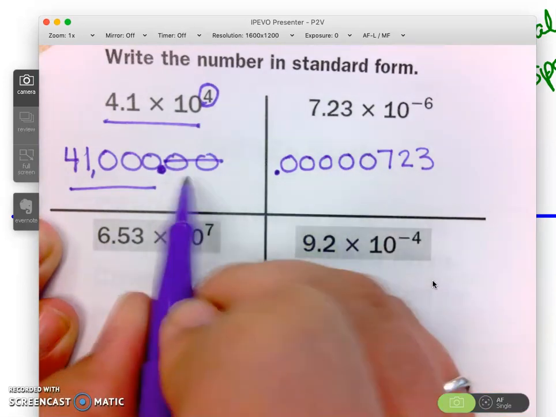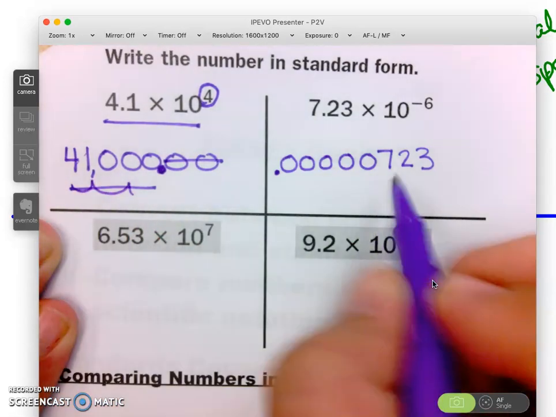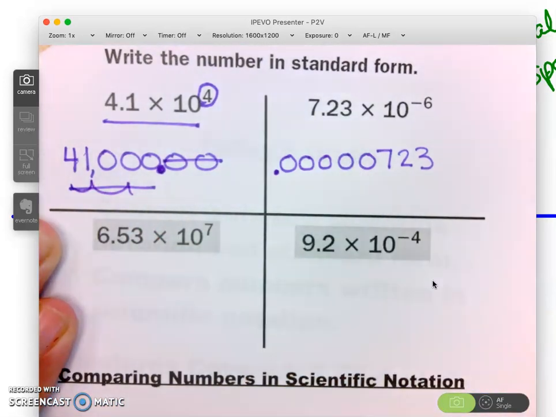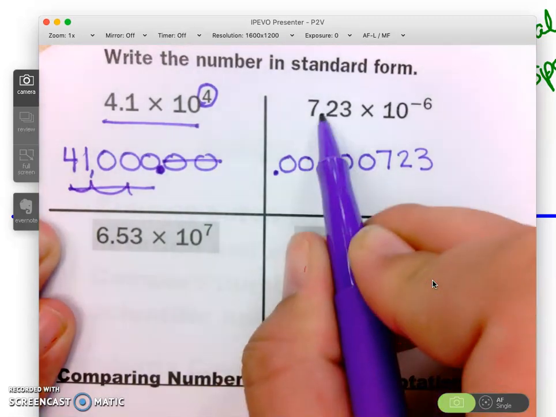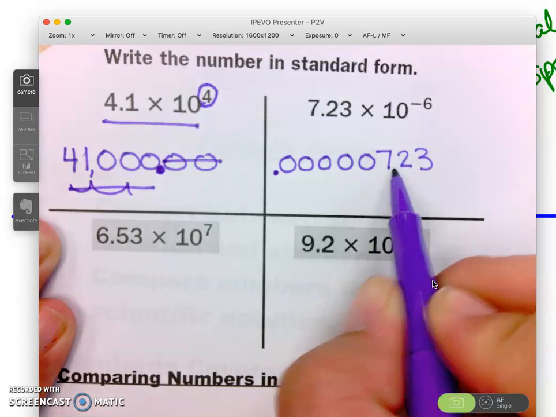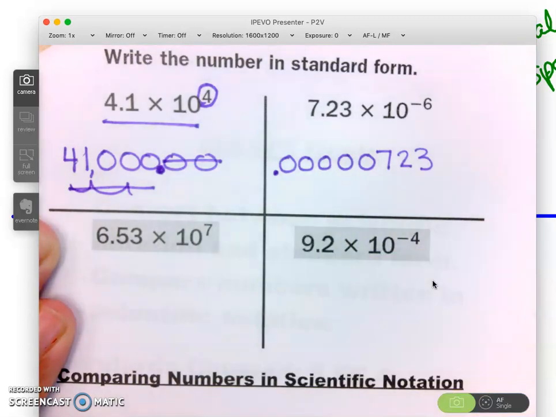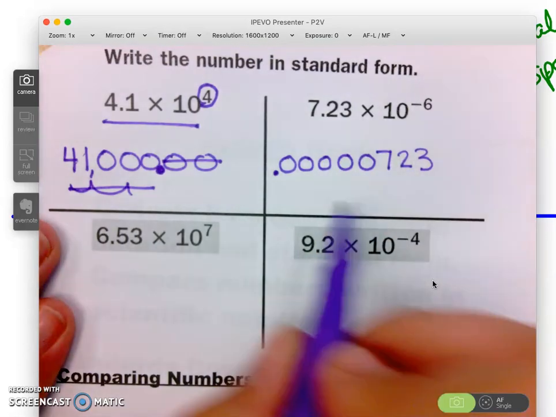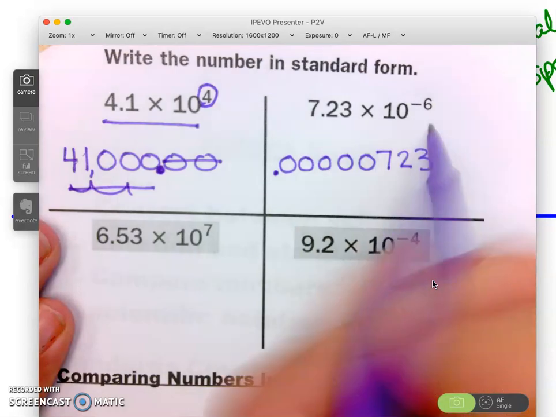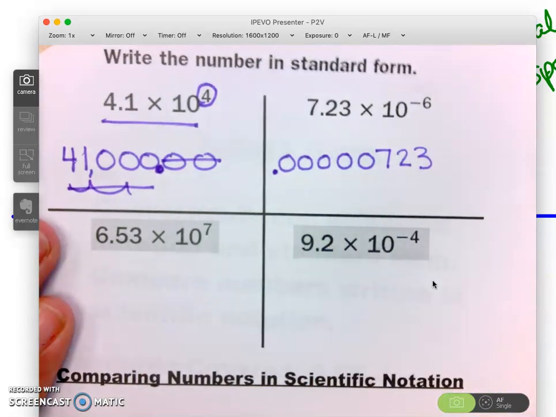But with a pen, I don't want to make it all messy. But if you had a pencil, you could sure do it. So it was right here, and I'm moving it 6 places. 1, 2, 3, 4, 5, 6. So these two numbers are the same number. The scientific notation here is just a shorthand way of writing this big number.